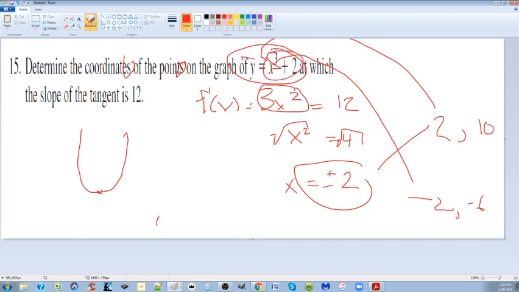Sorry. That makes more sense. Parabolas will not have two matching slope tangents ever. But a cubic will always have a spot here that matches the spot here. Or the spot here that matches the spot here. It will always have matching tangents. And something to the 5 can have, I think, 3 possible matching tangents.